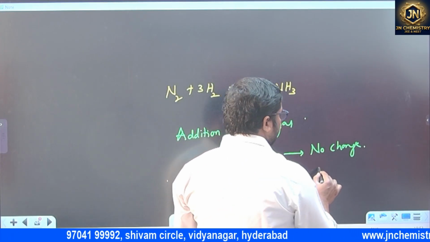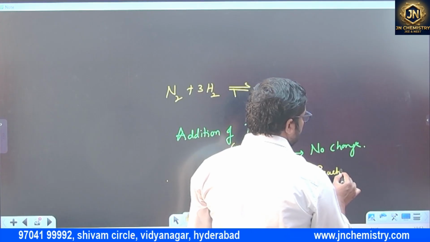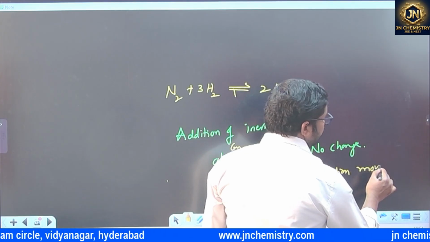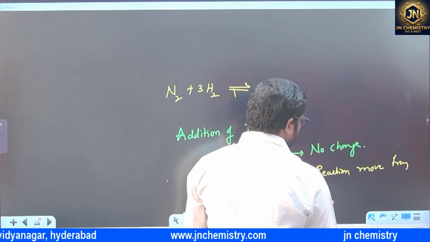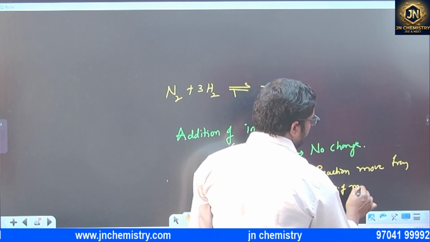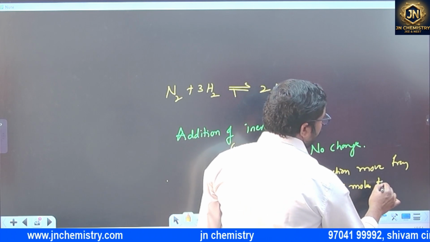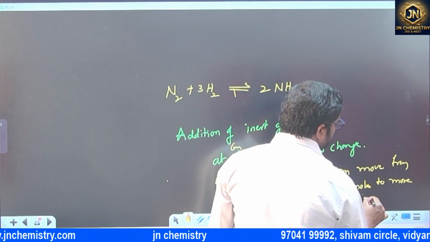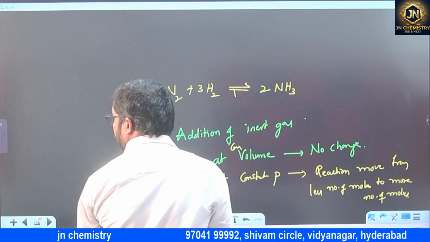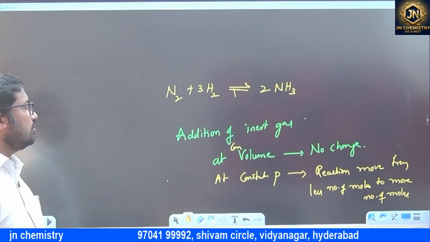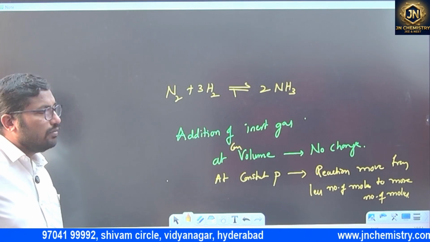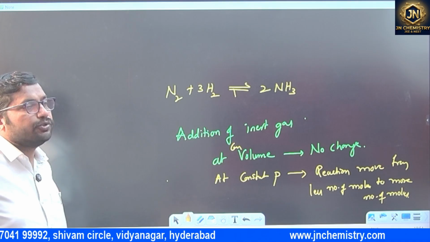Reactions move from less number of moles to more number of moles. Write it down. At constant volume, no change. At constant pressure, reactions move from less number of moles to more number of moles, opposite to pressure.